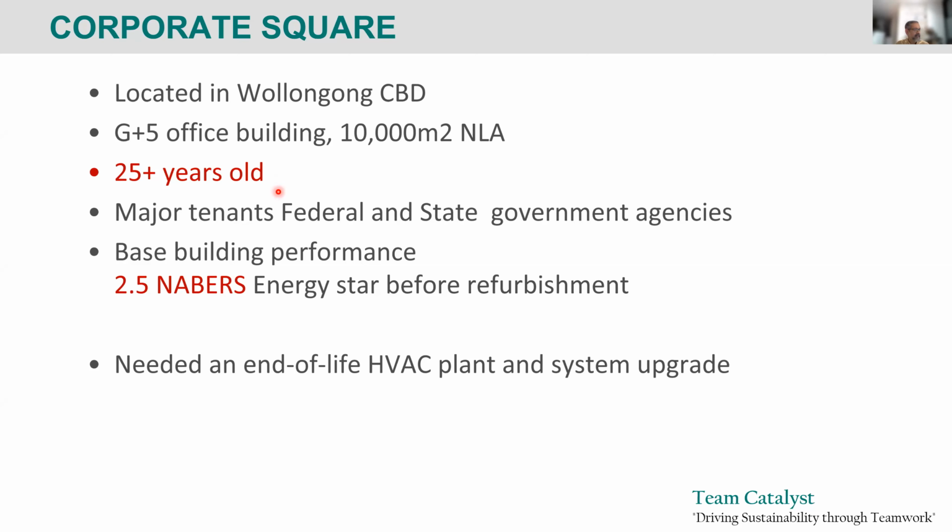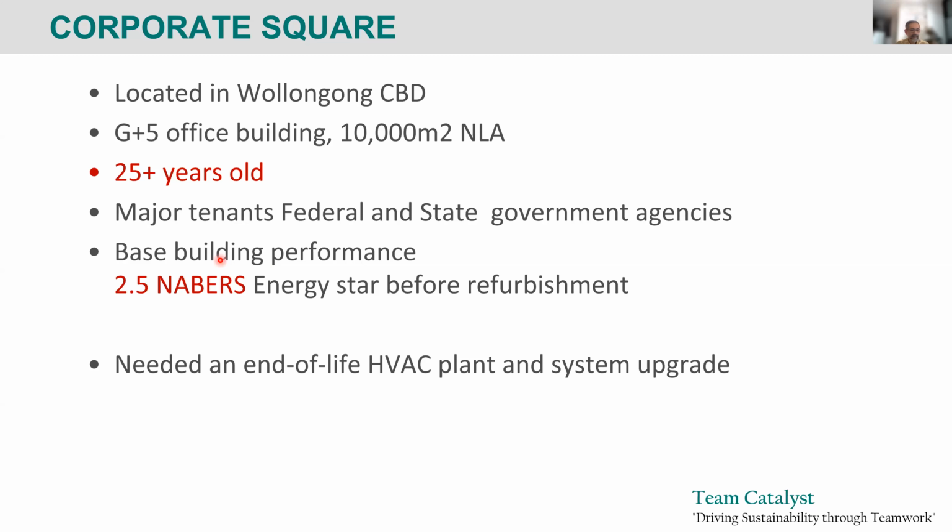It was tenanted completely by federal and state government agencies, and that was one of the reasons why the owner was looking to get a good NABERS rating, because most governments have already mandated that they should stay or lease in high NABERS rated buildings. And it was performing quite poorly.